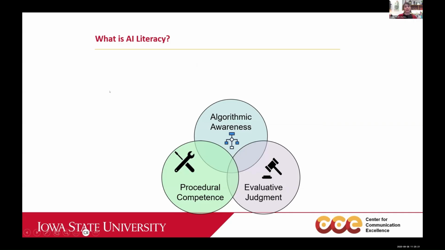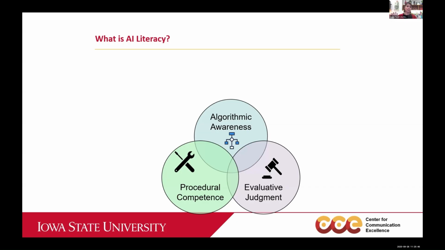My colleagues and I looked at quite a few articles that were exploring the idea of AI literacy. And this is our way of simplifying the ideas that are presented in those articles. We see 3 areas of AI literacy that we can synthesize down to. The first one is algorithmic awareness.